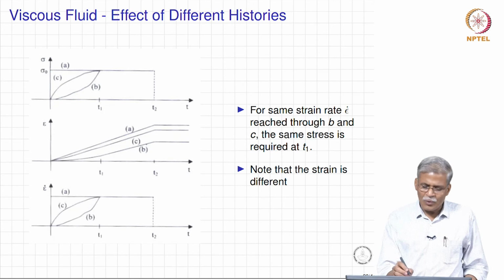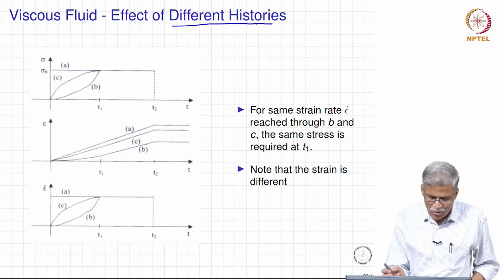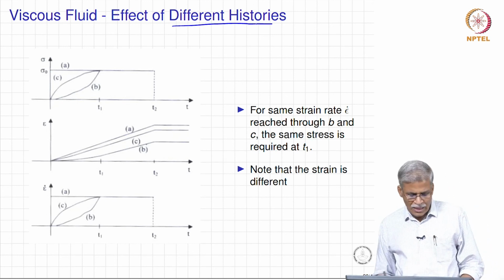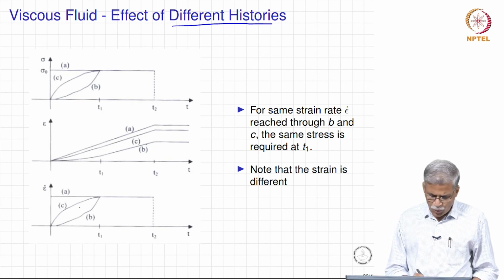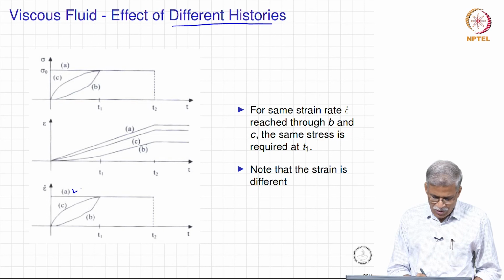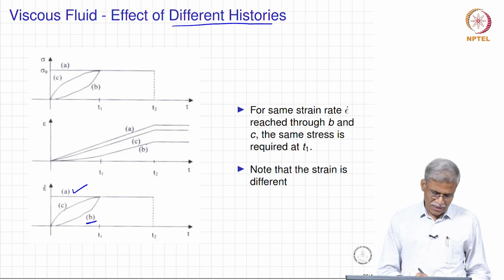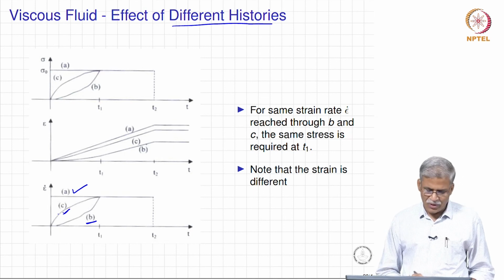So, now if you are looking at the effect of different histories, let us talk about trying to reach the same strain rate through different histories. So, A is what we talked about. Now, let us take a look at B. This has a different strain history, and C has a different strain rate.